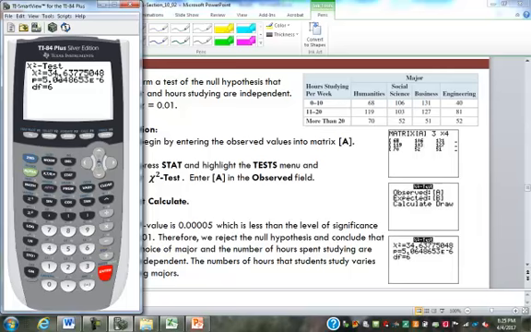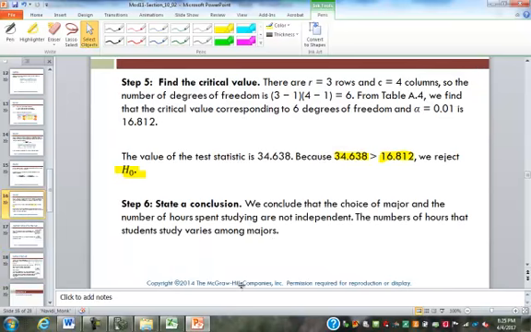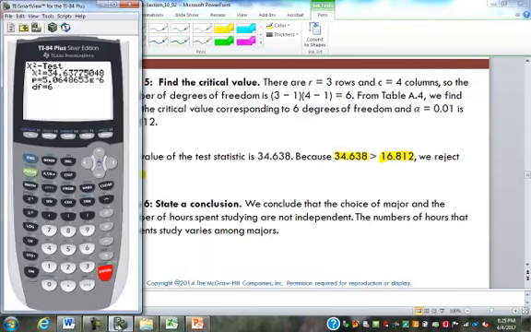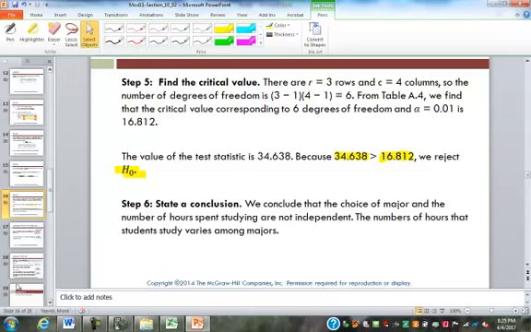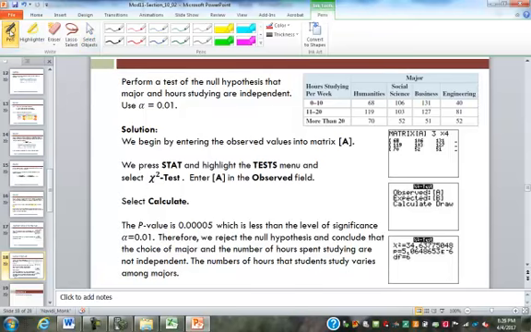We get a test statistic of 34.637, which is what we had here, 34.638 when we rounded it off. And a p-value of 10 to the negative 6 there. So let me get my pen going here. 10 to the negative 6 means the decimal point has to go 6 spots to the left.